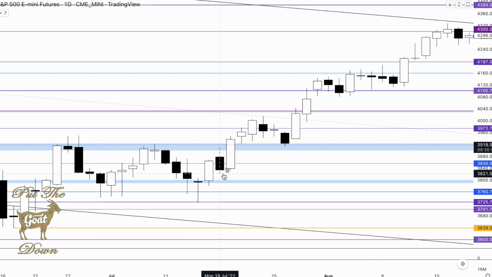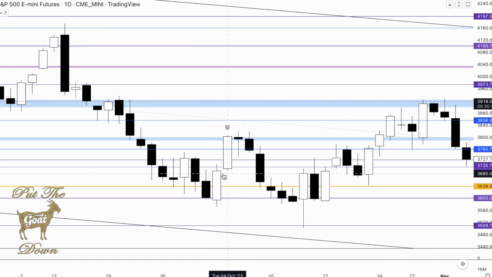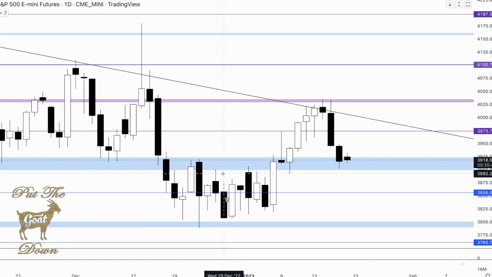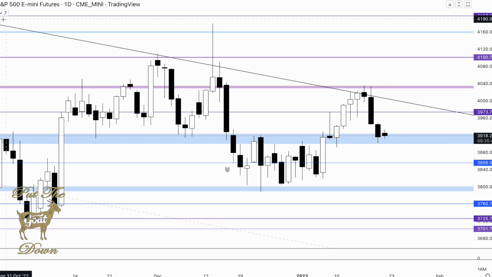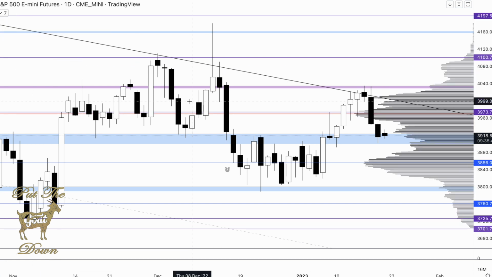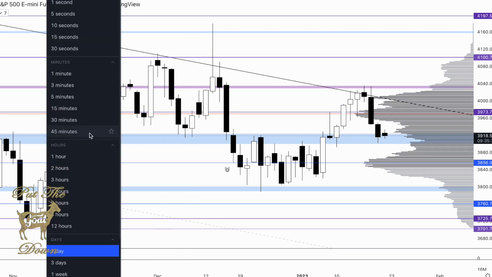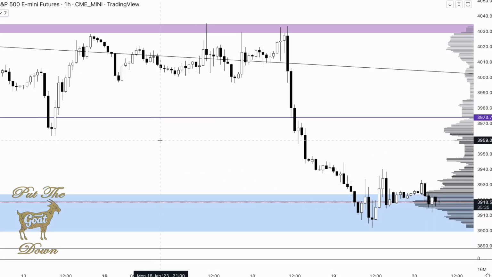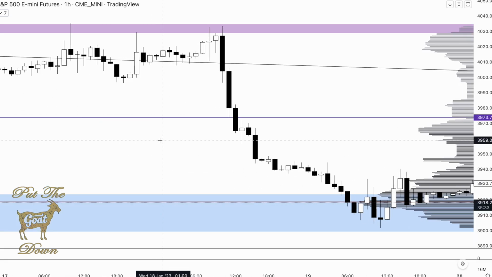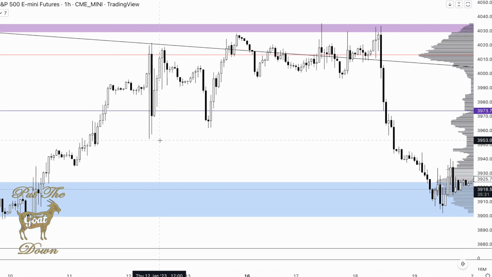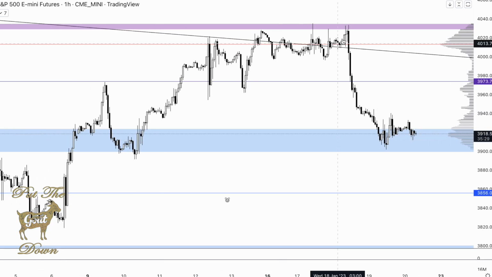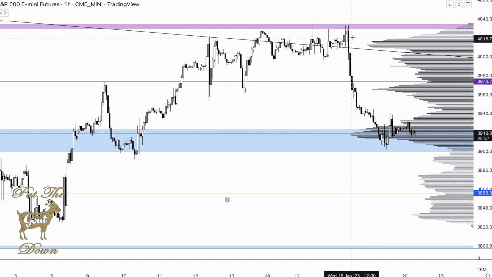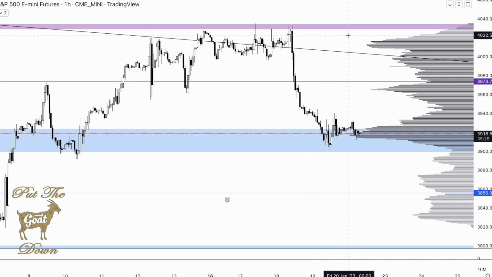If you watch these things on a footprint chart, or you start to add a volume indicator, you start to see that price didn't spend a whole lot of time there, right?